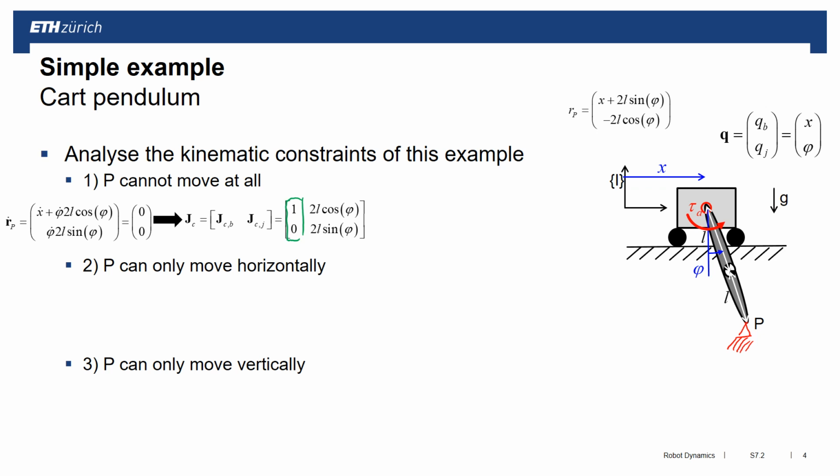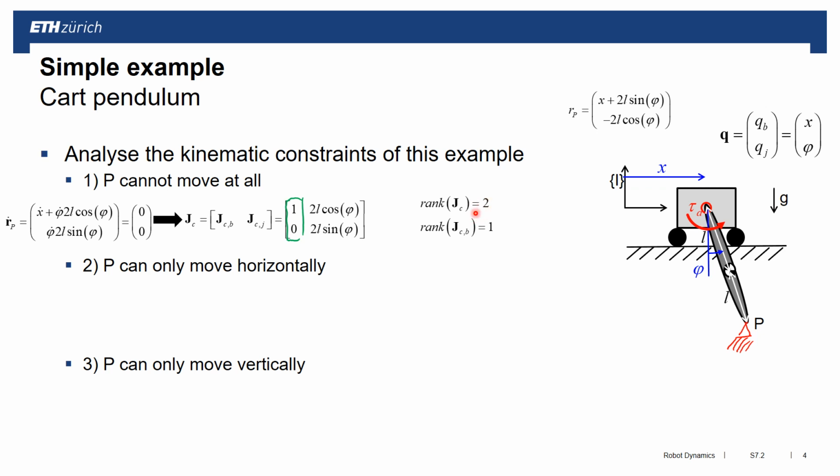And then we analyze the rank of these Jacobians. If we analyze the rank of J_C, we have rank 2. If we analyze the rank of J_CB, we have rank 1. Now, what is the interpretation of this? The first interpretation is that rank J_C equal to 2 means my constraints are two linearly independent constraints.